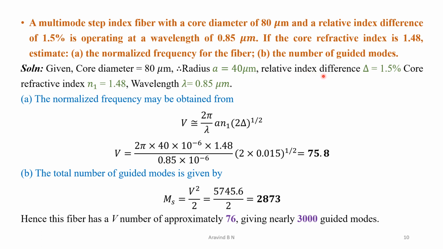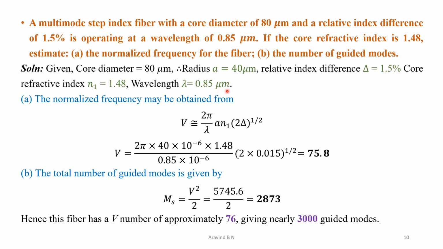The relative refractive index difference is 1.5%, represented by delta, equal to 1.5%. The core refractive index is 1.48, represented by n1. The wavelength is given by lambda, equal to 0.85 micrometer.